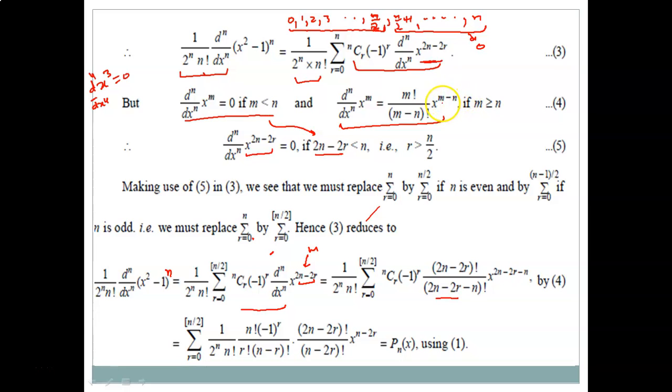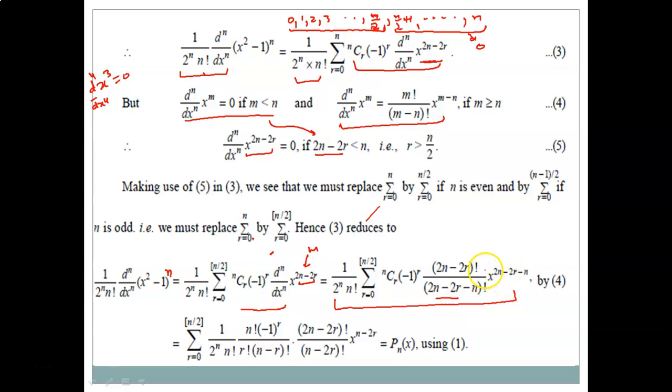So what is there in place of m? M in this case is 2n minus r. So here you will write x raised to power 2n minus 2r minus n. In place of this, n is there. So in this way, we can have the value of 1 by 2 raised to power n into n factorial, as the derivative of x square minus 1 raised to power n comes out to be this quantity.